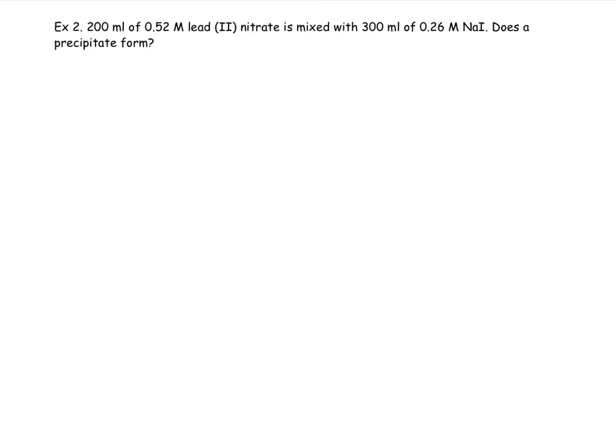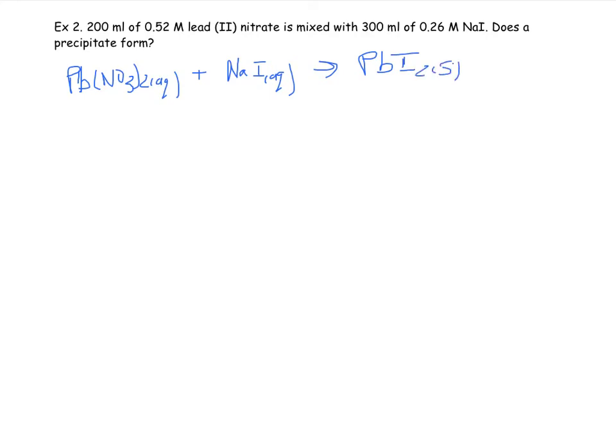Here's the answer for example 2. Let's start by writing a balanced chemical equation. This will make PbI2, which my solubility table predicts as being a solid, if I have the right ion concentrations, and sodium nitrate, which will be aqueous.